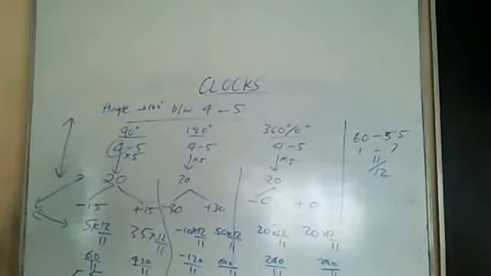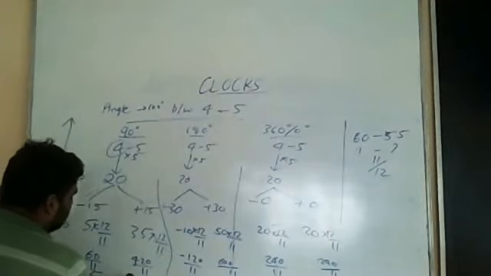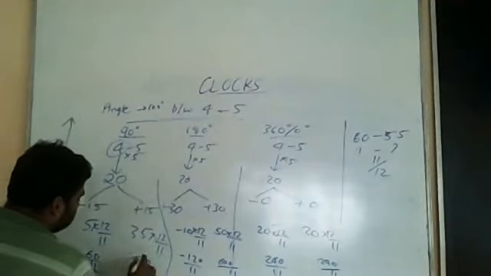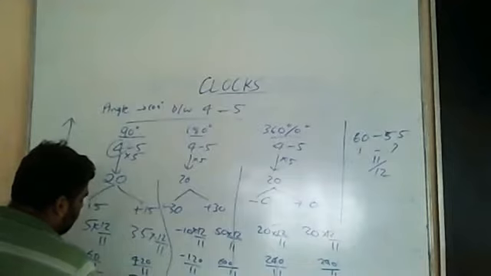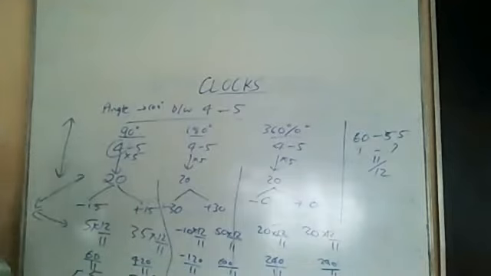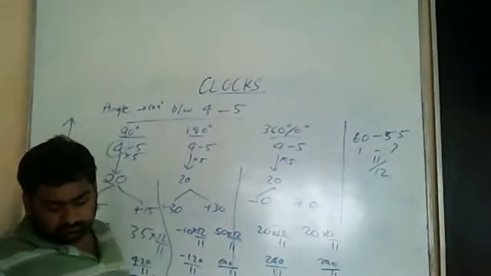Yes or no? 60 by 11 is nothing but 5 5 by 11. 420 by 11 is nothing but 38 2 by 11, converting improper fraction to mixed fraction. Fine?